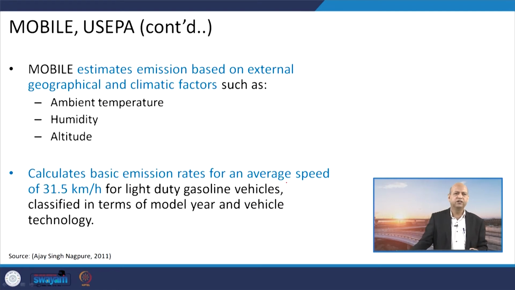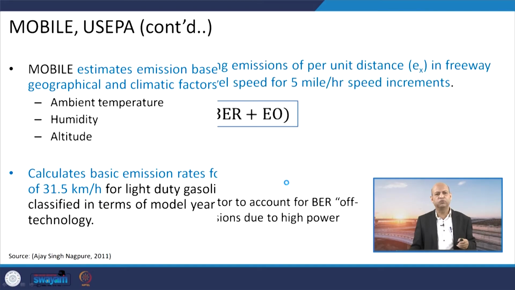Other features of the MOBILE model: it also considers correction factors, which are geographical and climatic factors related to temperature, humidity, altitude and so on. The basic emission rates are for an average speed of 31.5 kilometers per hour, based on some surveys, and used for these model calculations.